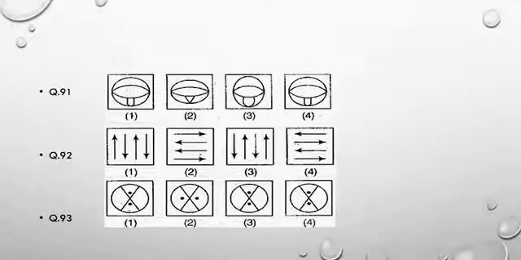Question 91. In question number 91 there are 4 options given. We find that in each option there is a similar kind of design. Let's study option 1. In option 1, on the outermost side there is a circular shape.